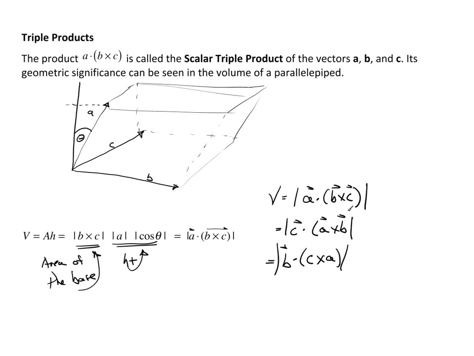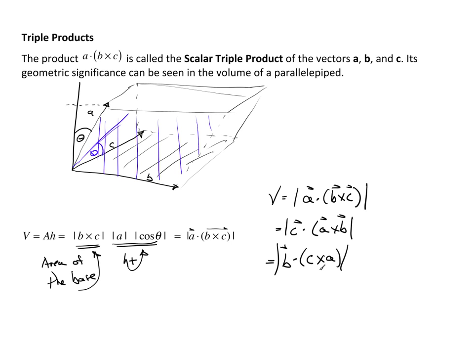Because if I take B cross C, that's going to give me the area of that face. A cross B is going to give me the area of this side parallelogram. And then the height, if I take this axis out this direction, theta would now be over here.